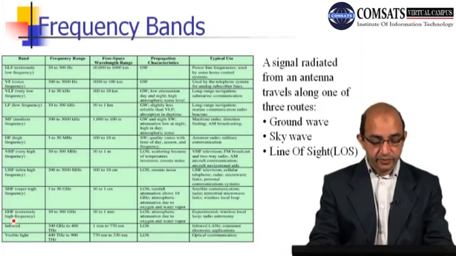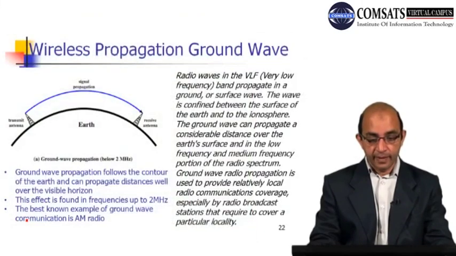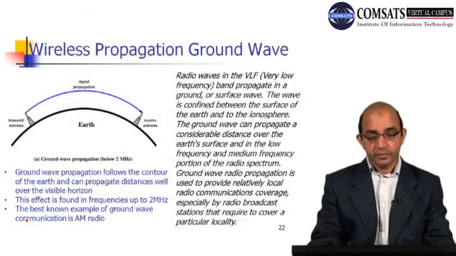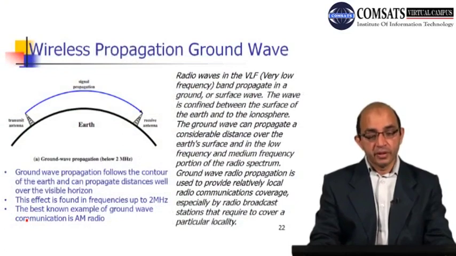So here we have VHF, UHF, SHF, super high frequency and extremely high frequency, right? And here we have the visible light, right? So these are the different wireless propagation mechanisms, right?